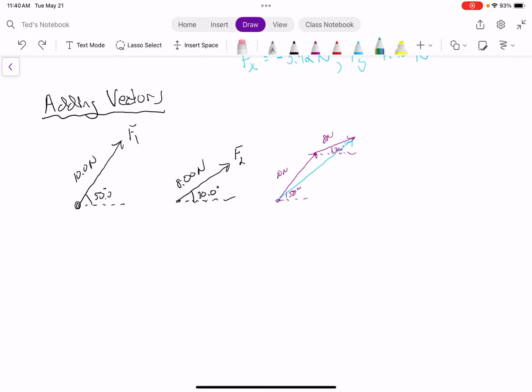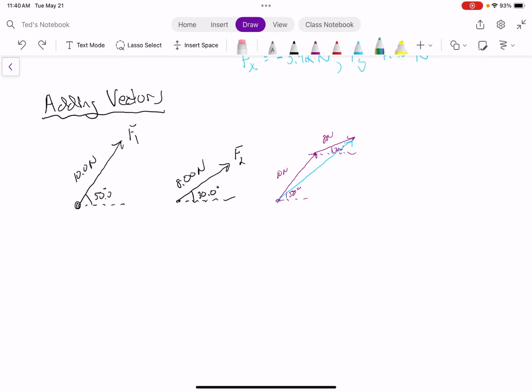All right, so mathematically, how do we do this? And there are two ways to do it mathematically. The first one is to use the law of cosines. The law of cosines is effectively a more complicated version of the Pythagorean theorem.